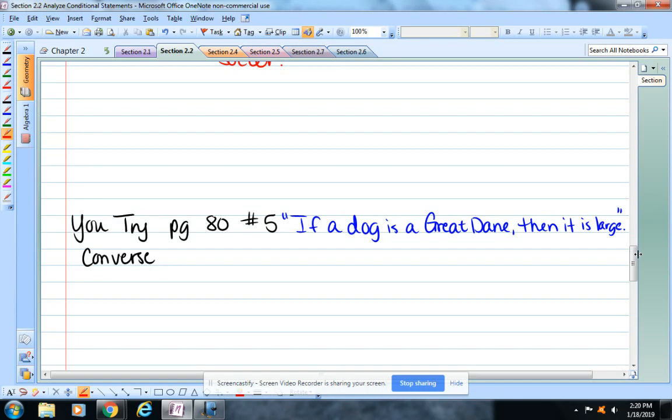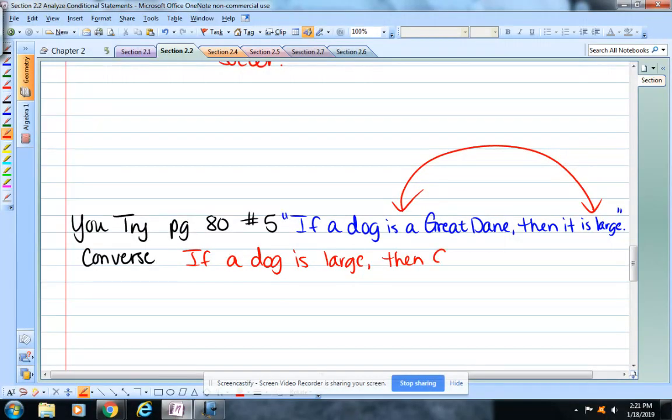All you do is take, if an animal is large, or if a dog is large, then it is. You just swap the meaning. Okay, so all you have to do for a converse is swap what this one's saying with what this one's saying. You take the if and then you swap them. So we could say for the converse, if a dog is large, then it is a what? Did everybody get something like that?